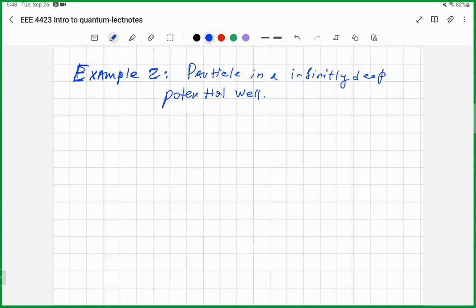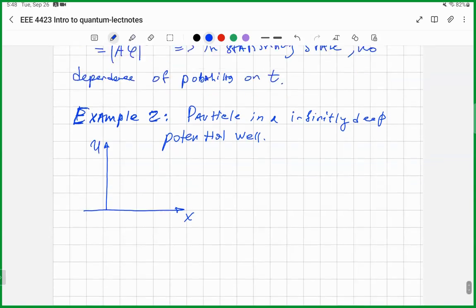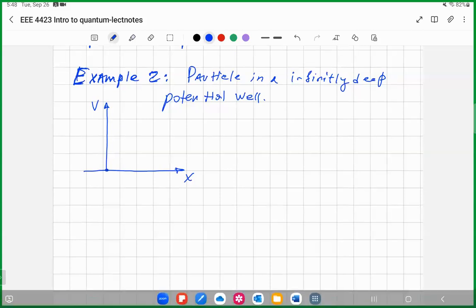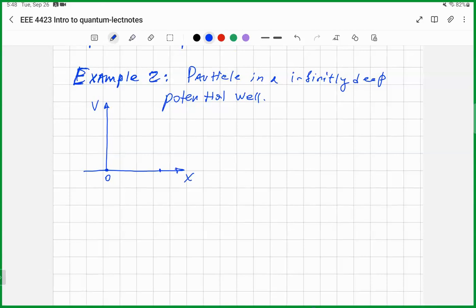We consider a potential distribution on one coordinate x. Suppose this is the potential v, and this is 0, and we suppose that the well has the width a.